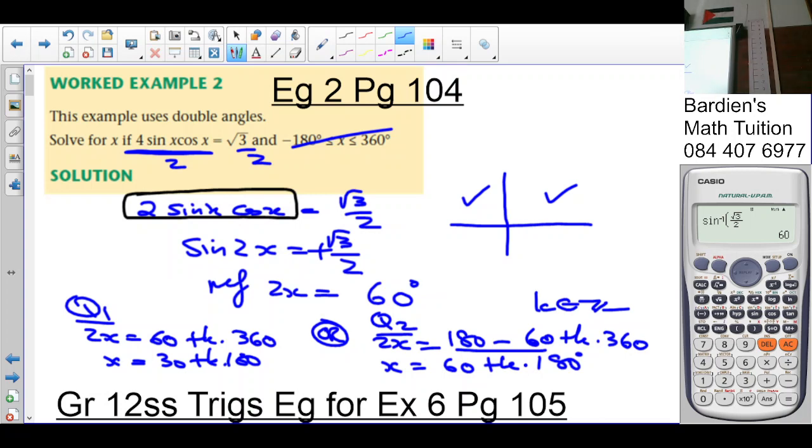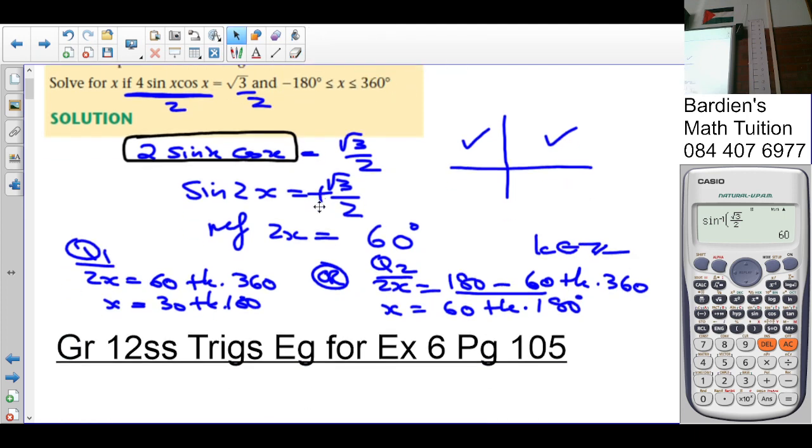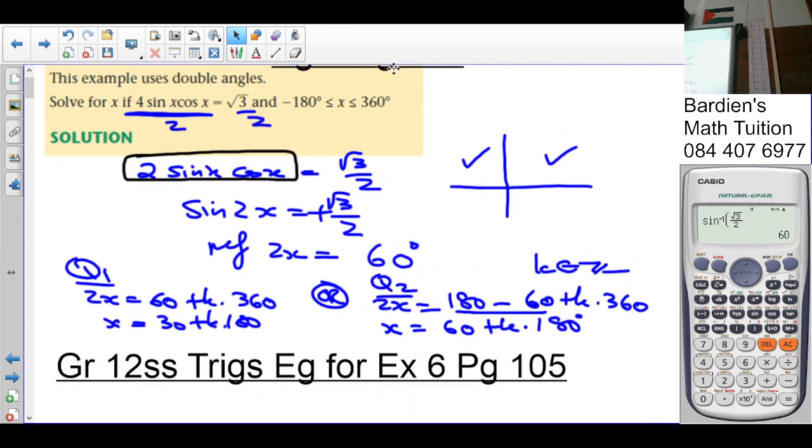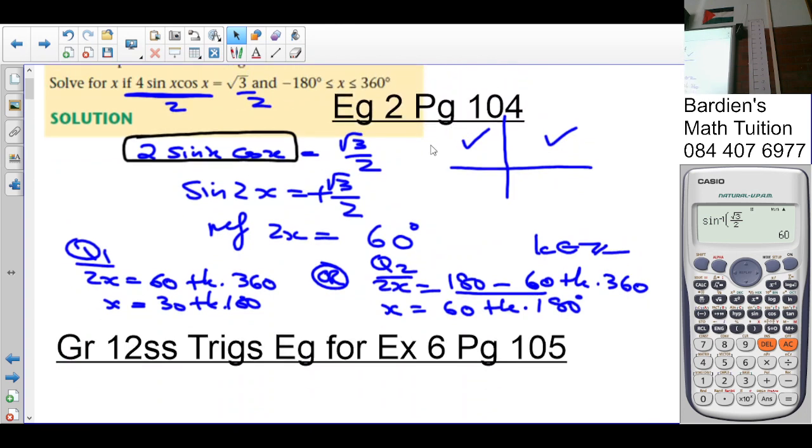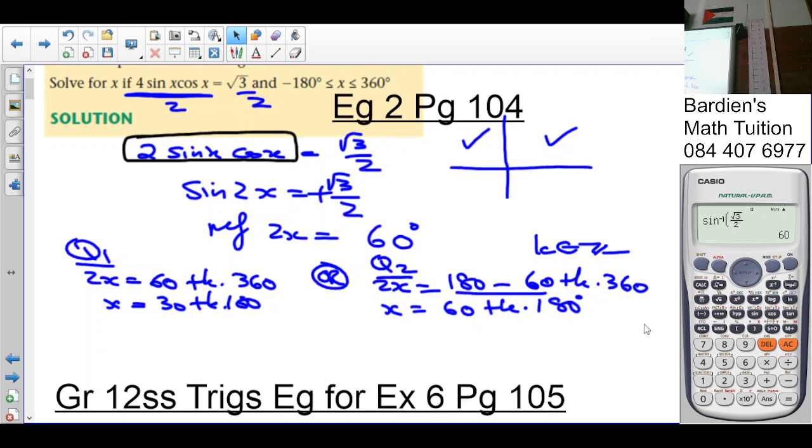But because there's a restriction, an interval or a given domain there, we need to find the solutions between negative 180 and 360. And where do we start?